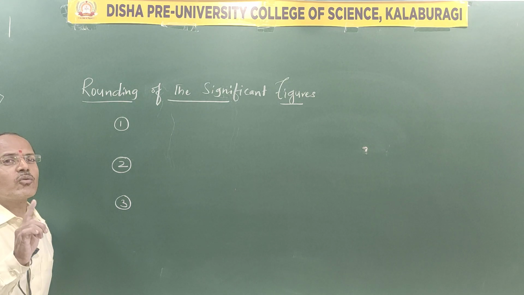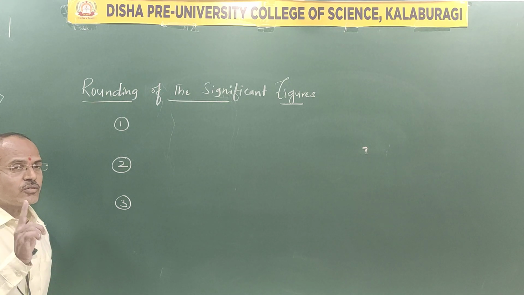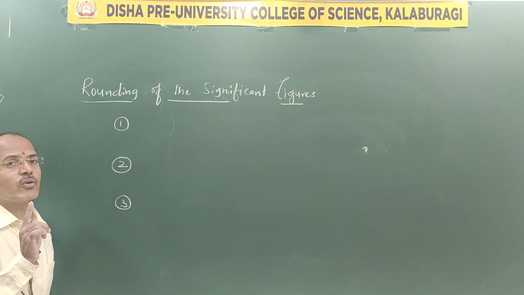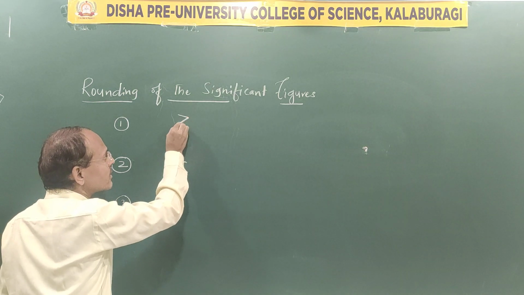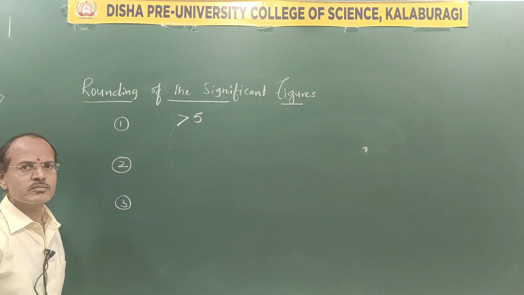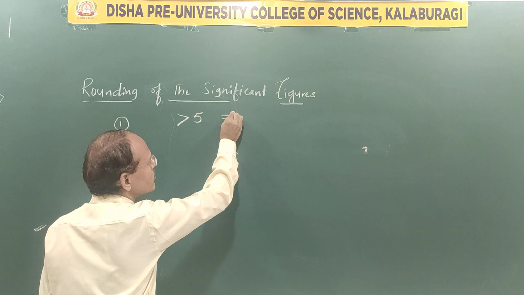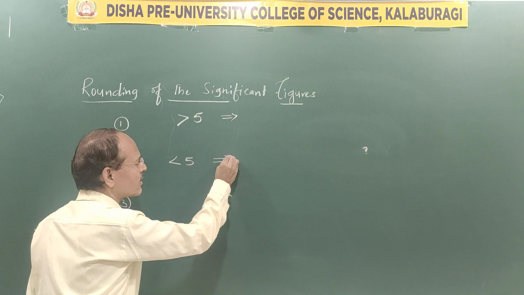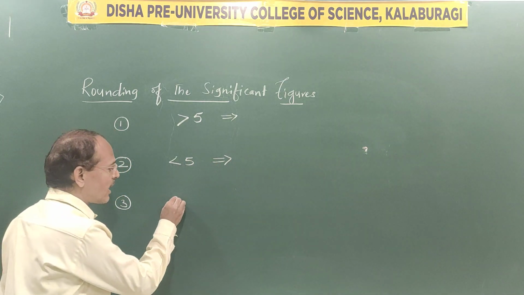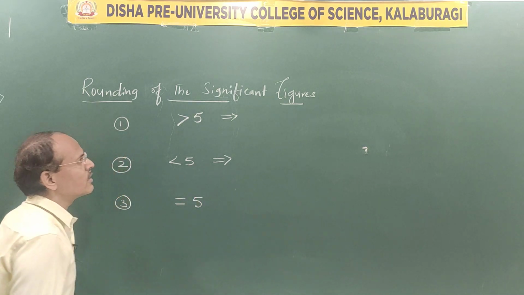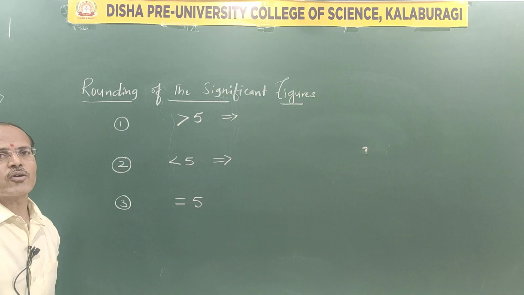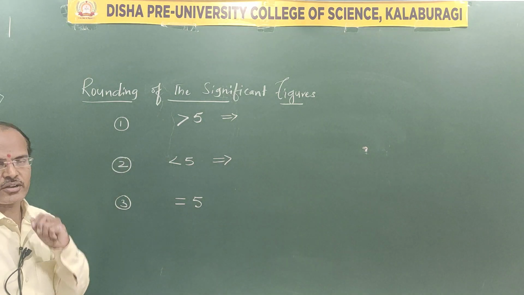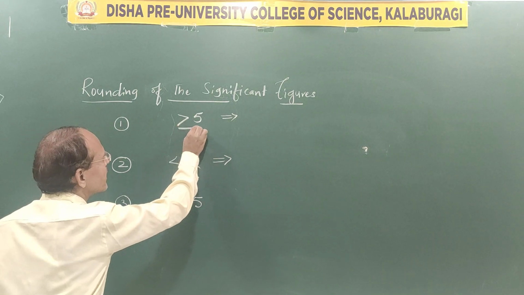The digit which we are going to remove is from the rightmost only. If the rightmost digit which we are going to remove is greater than 5, we have one rule. If it is less than 5, then we have another rule. If it is equal to 5, let me explain all the 3 important rules. First one, let me take one example.